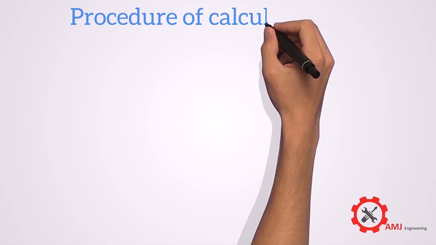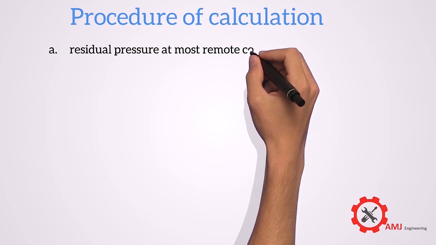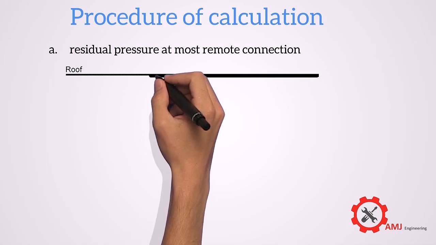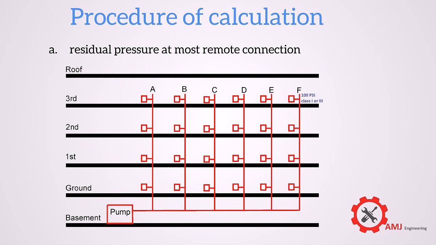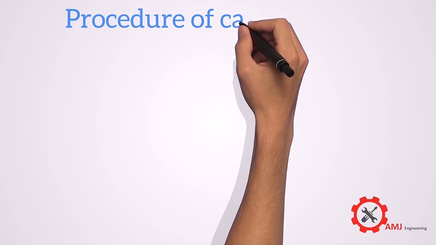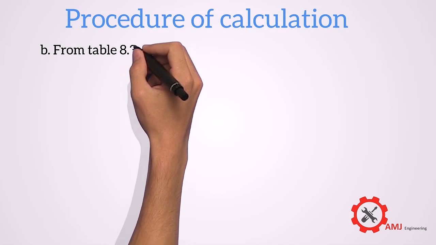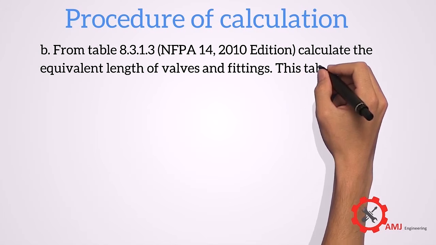Procedure of calculation is as follows. The residual pressure at the outlet of the hydraulically most remote hose connection should be 100 psi for Class 1 and 3 and 65 psi for Class 2. From Table 8313 from NFPA 14, we can calculate the equivalent length of valves and fittings.